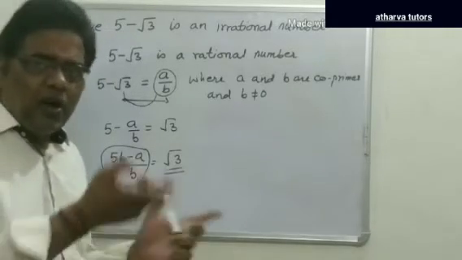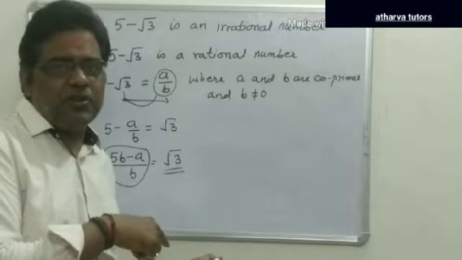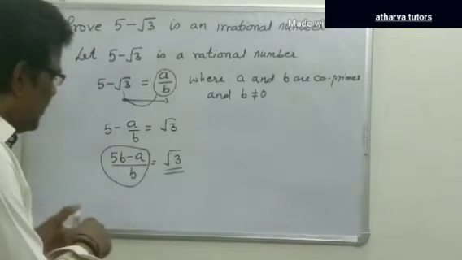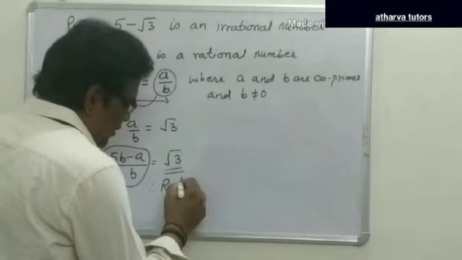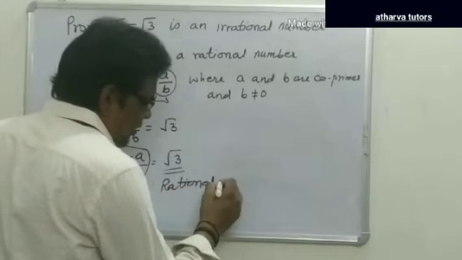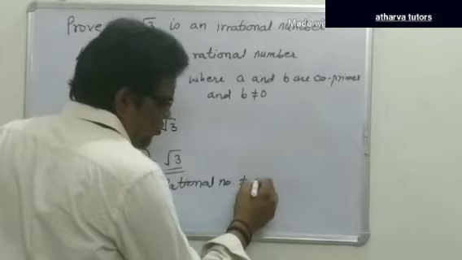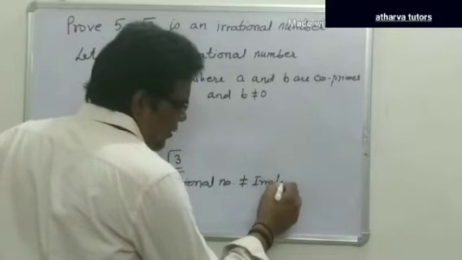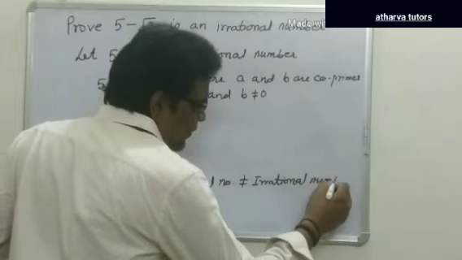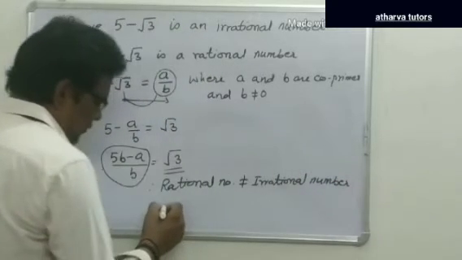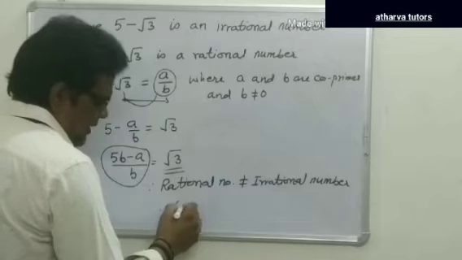So like how you wrote in the previous question, the same thing you have to write. Since rational number is not equal to irrational number, therefore our assumption is wrong.